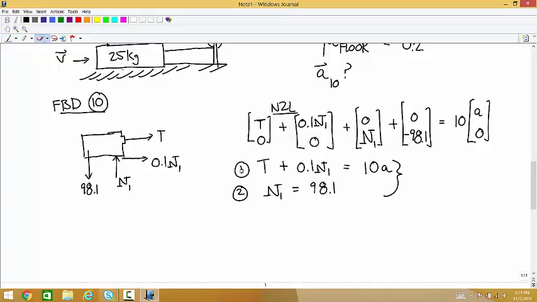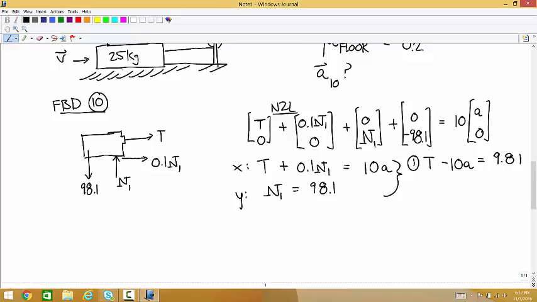Sorry, let me write this differently. So let me write this as equation x and equation y. So we use equation y to calculate N1, plug that into x, and we get two equations out of that. T minus 10a is equal to negative 9.81.